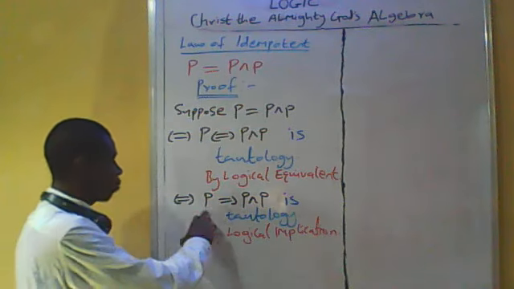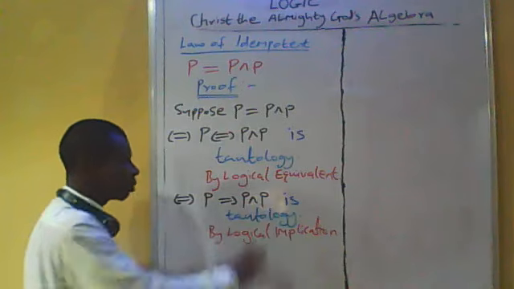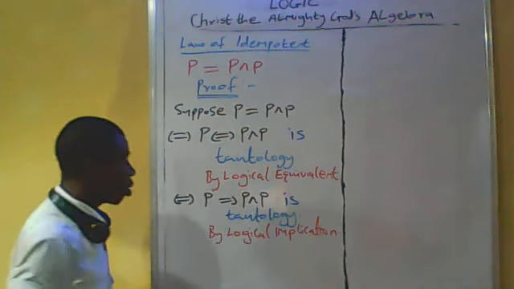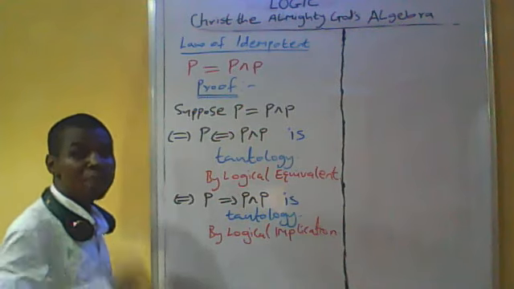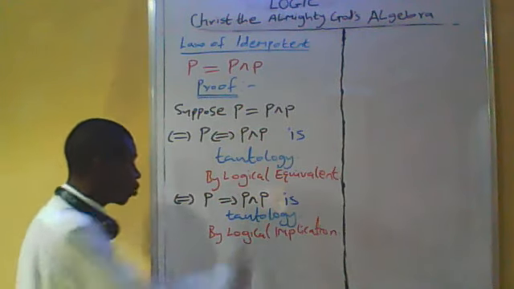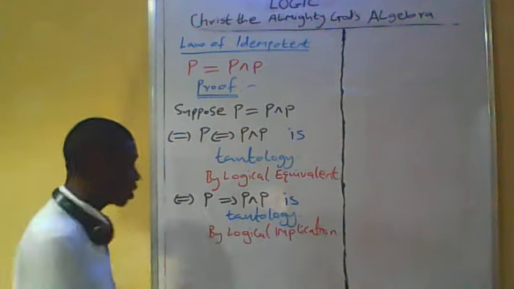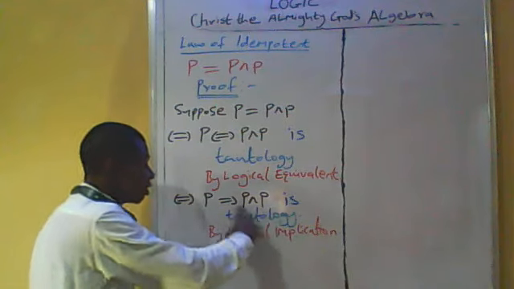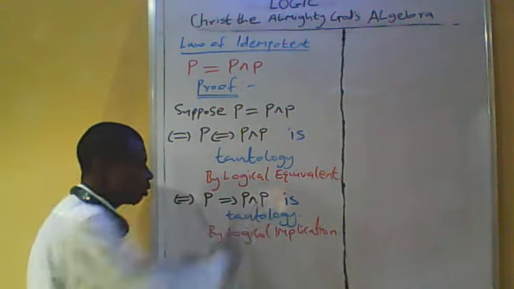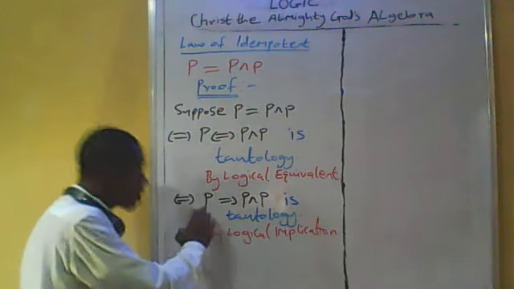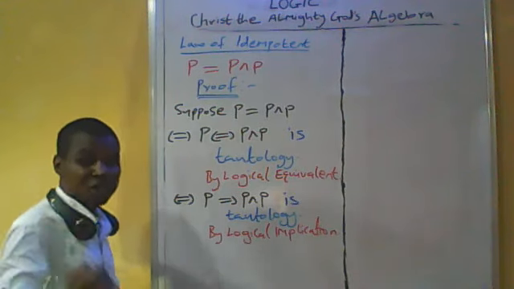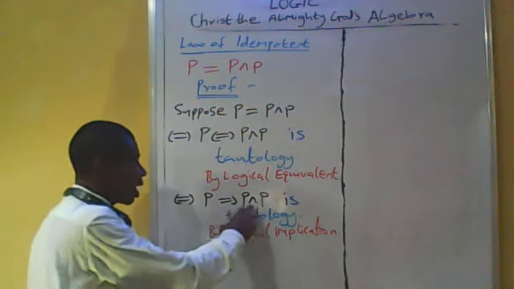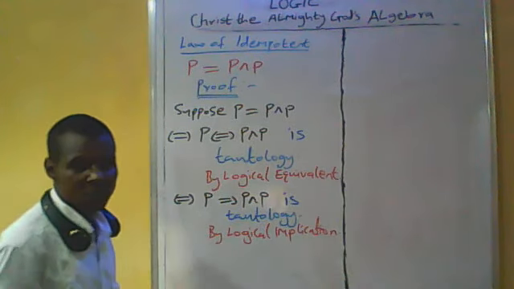Now, since this statement P implies P and P is tautology, we then deduce that P is logical implication of P and the P. That means it's a proper implication of P and P. That means it is certain that P exists because there is no possibility of getting falsity in this statement. P implies P and the P, always truth. We then deduce that it is certain that P exists. And if it's certain that P exists, we say that P is logical implication of P and the P. That is the consequence.